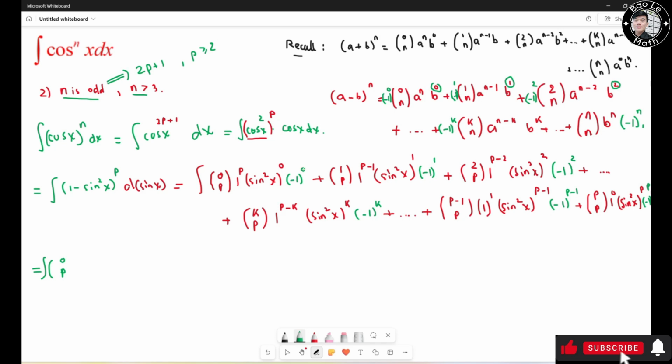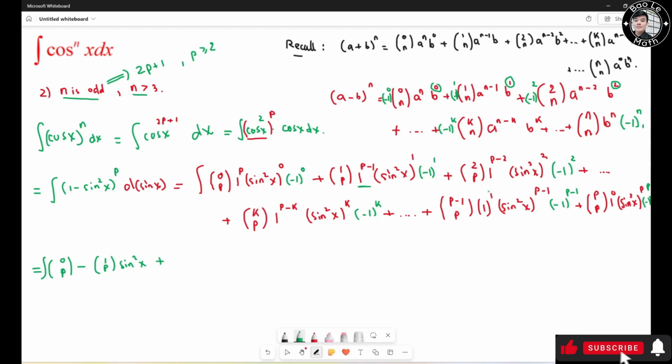Negative 1 raised to the power 0 is going to be 1, right? So the first one you only have this, right? Now the second one, because negative 1 raised to the power 1 is going to be negative 1, I put a negative sign here. Combination of 1p, this equals 1, right? Sine square of s raised to the power 1 is going to be sine square of s.